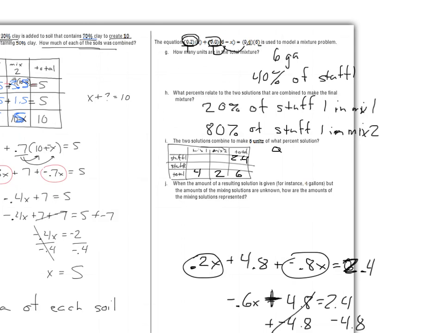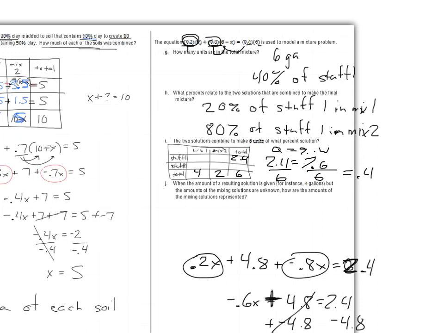So Q is equal to percent times whole. Our solution has a total of 2.4. And so when we go ahead and calculate that out, we get 0.4.